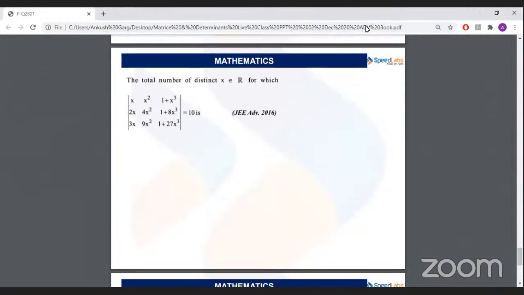Okay, so in this question, find the total number of distinct x for which this determinant value is equal to 10.